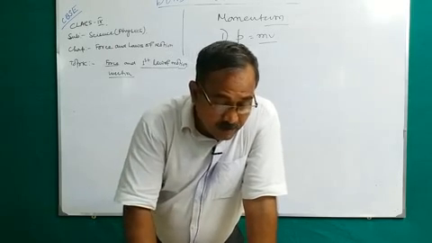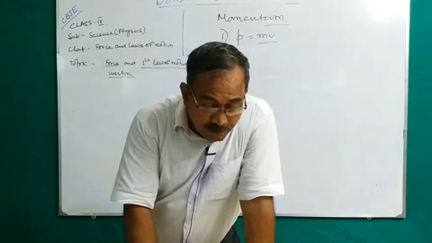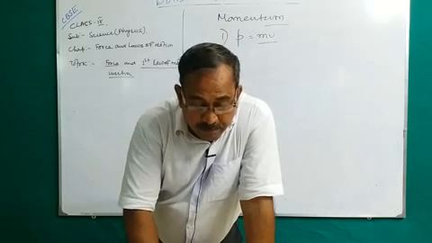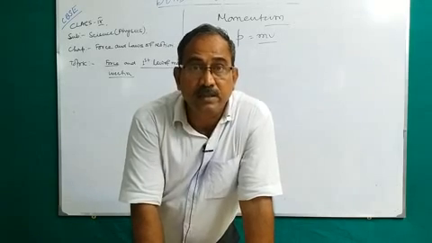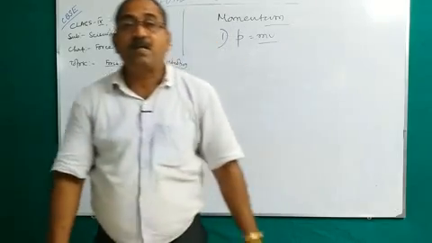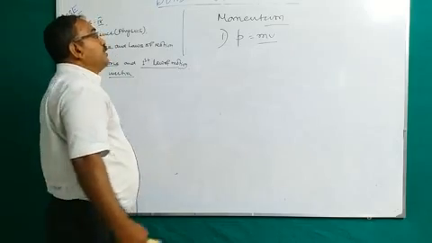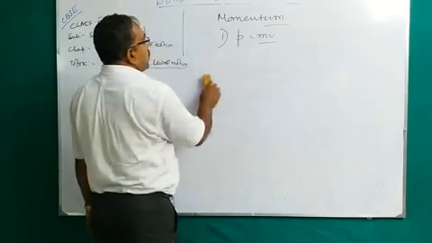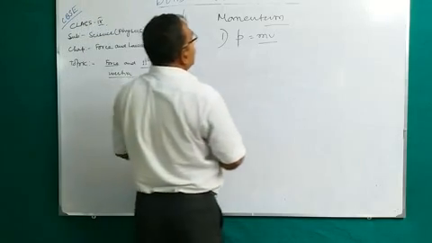For the definition, you write it from your books. Momentum of a body is equal to the product of the mass of the body and the velocity of the body. Okay. So we denote it by the letter P.